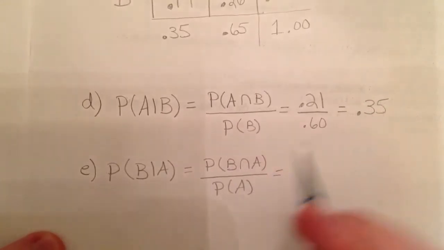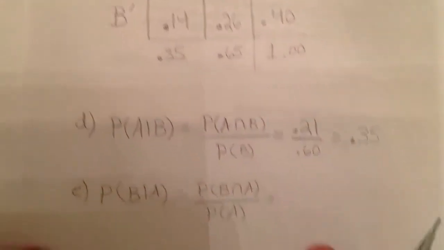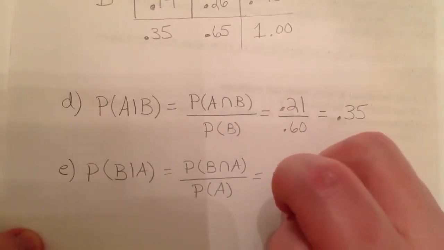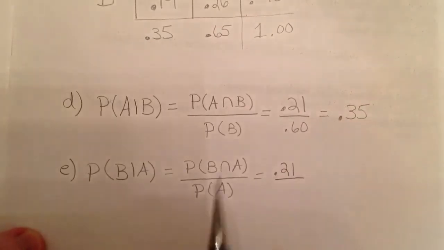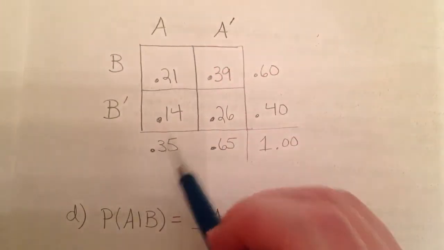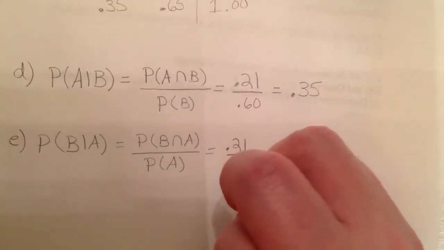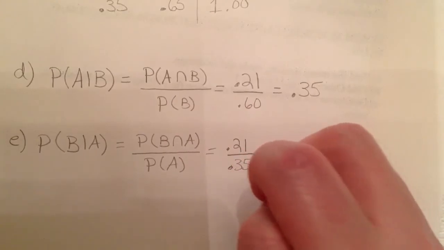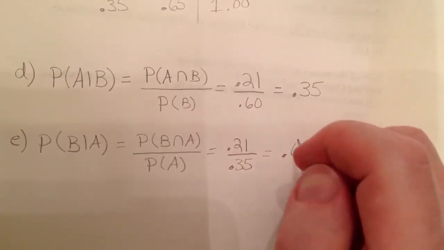So we have, once again, B intersecting A, probability 0.21. A intersecting B, B intersecting A, same number at 0.21. Probability of A occurring we have at 0.35. So 21 out of 35 ends up at 0.60.